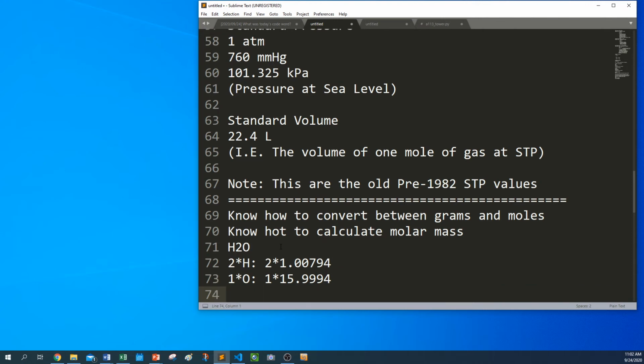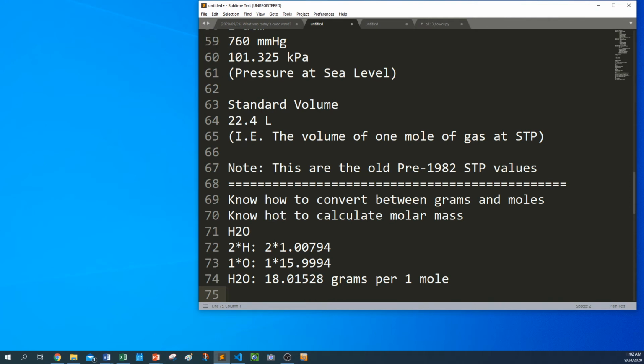And that tells us that the molar mass of water is 18.0152 grams per 1 mole. So know how to calculate molar mass and how to use it to convert moles to grams or grams to moles.